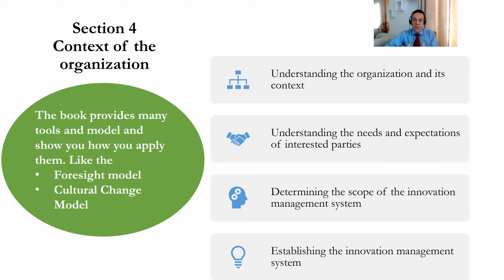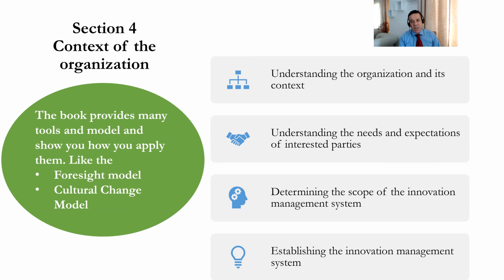So these are models that we have offered to you in the book, so you are able to use them to implement the standard. You don't have to spend days and months and weeks researching how you can analyze the context of the organization. You can find all that information already in the book.